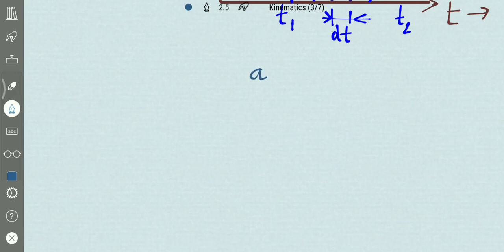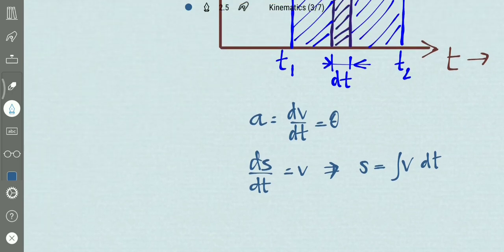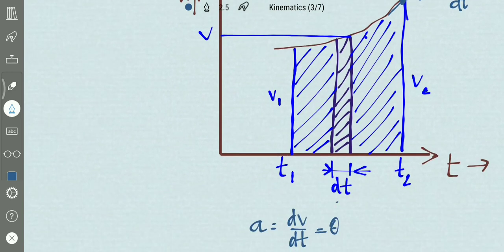Here acceleration is dv by dt, which is theta, and ds by dt is velocity, and in the last graph we have seen s is equal to integral v into dt. So what is v into dt? This is dt, right? And the velocity at the section we take is v. So v into dt is the area of this section.